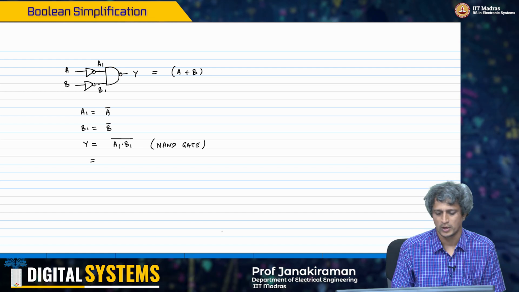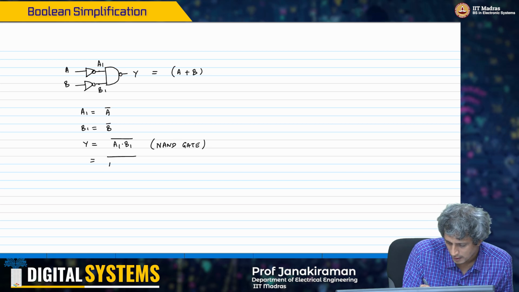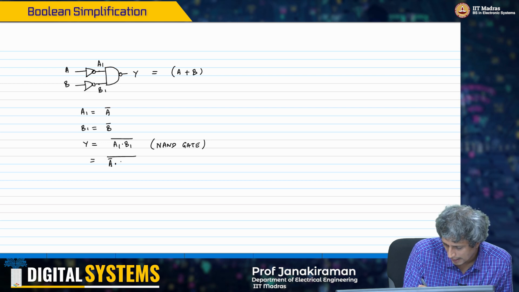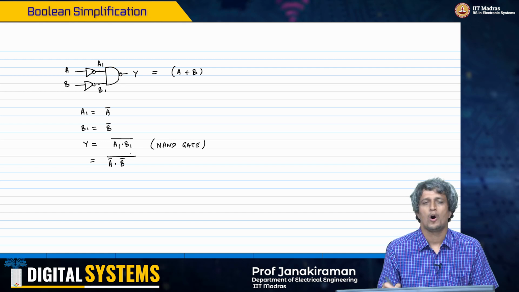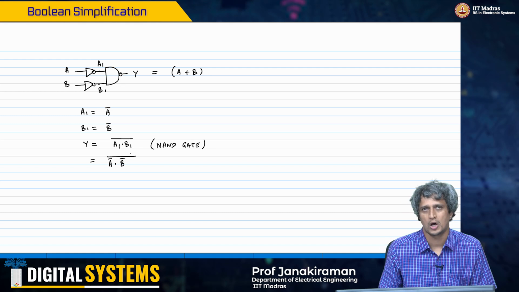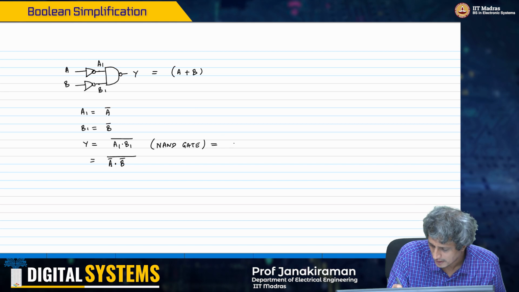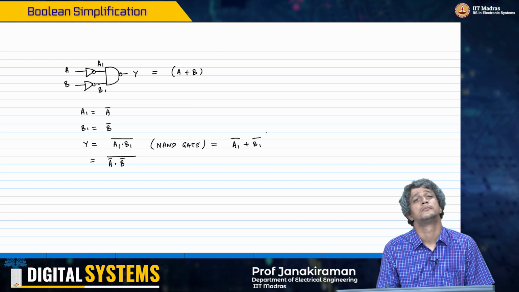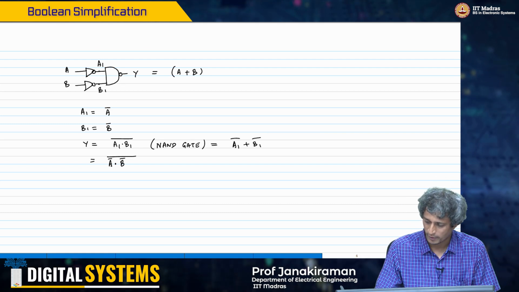And therefore you can go ahead and rewrite this as A bar, because A1 is A bar and B bar, right? But we already saw, right? We already saw that DeMorgan's laws allowed us to convert this NAND expression itself as A1 bar plus B1 bar, right? That's what we saw in the previous expression here.